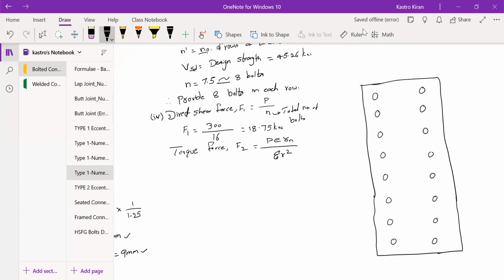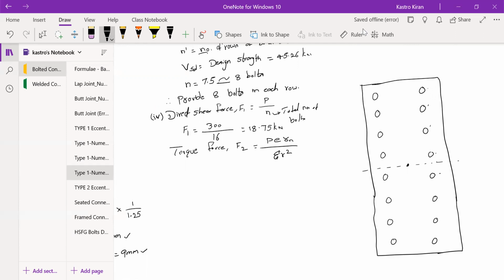Where does the center of gravity lie? Usually the center of gravity lies at the center of the section. Now here we have 8 bolts, so the center of gravity lies at the center between the 4th and 5th bolt. So if you consider this as first bolt, second, third, 4th, and 5th, the center of gravity lies in between the 4th and 5th bolts. We are just assuming that the center of gravity lies at a distance in between the 4th and 5th bolts.